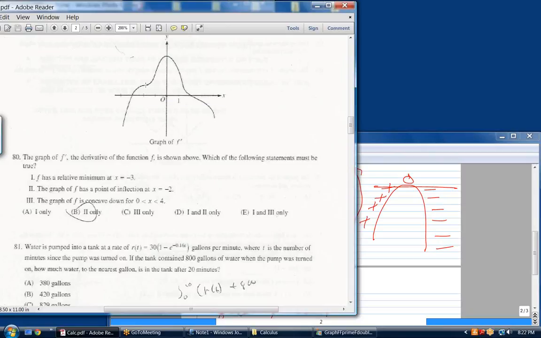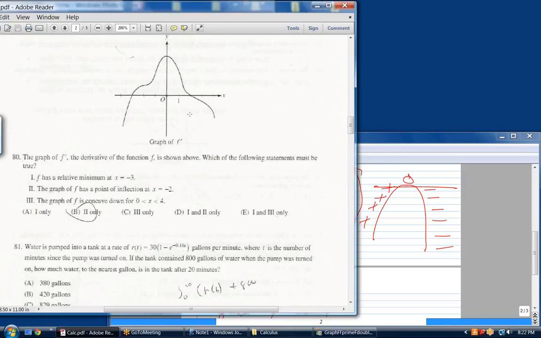So that wouldn't be an inflection point then? It's kind of hard to tell whether that's a 0 slope or not. In other words, remember this is the first derivative graph. So this is the graph of the slopes of the original function.